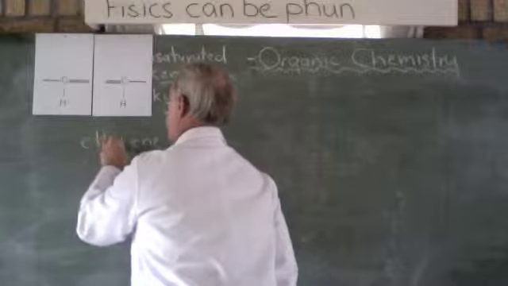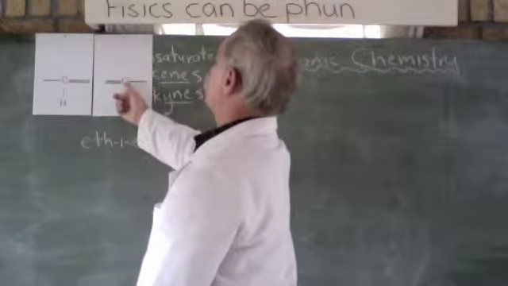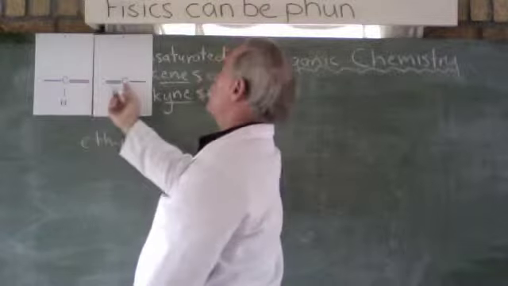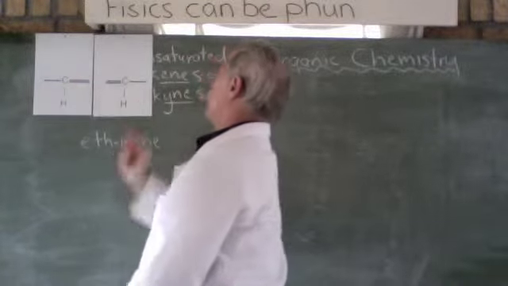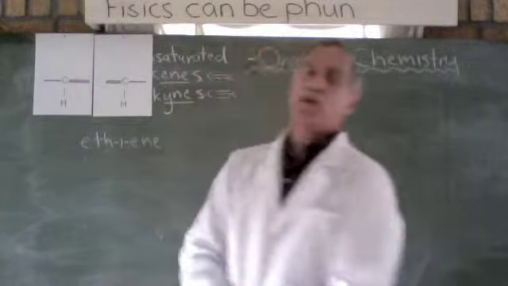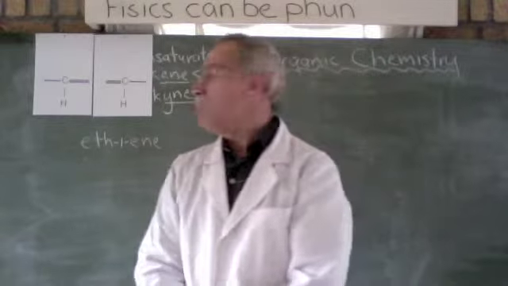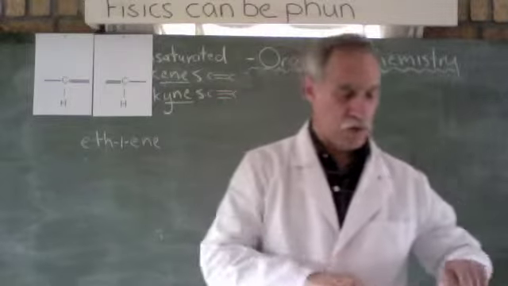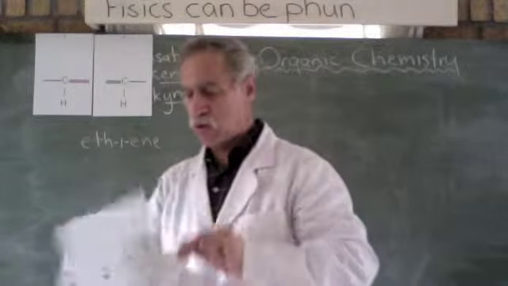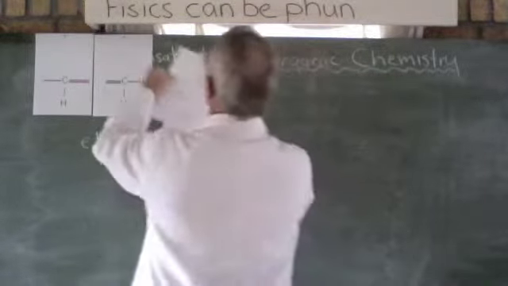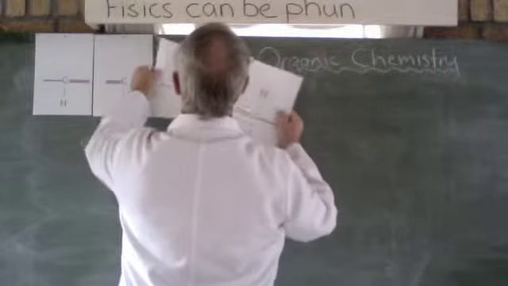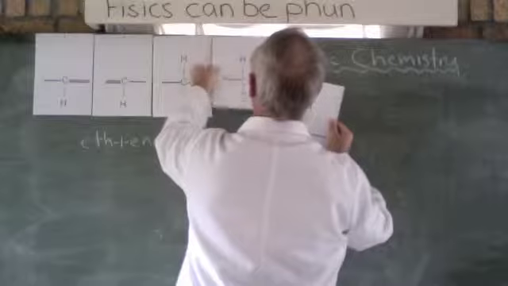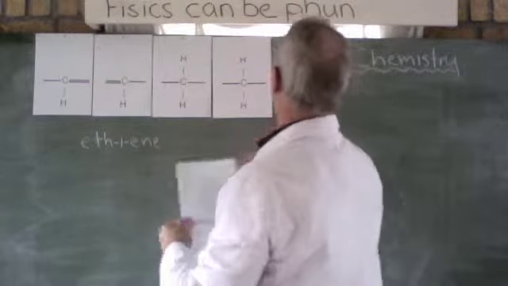We could say eth-1-ene to show that our double bond is on the first carbon. It doesn't actually matter whether we number it from this side or this side, that would still be the first carbon that our double bond is on. So that would be eth-1-ene. And if we were to add a few more to the chain, what would the name of that be?